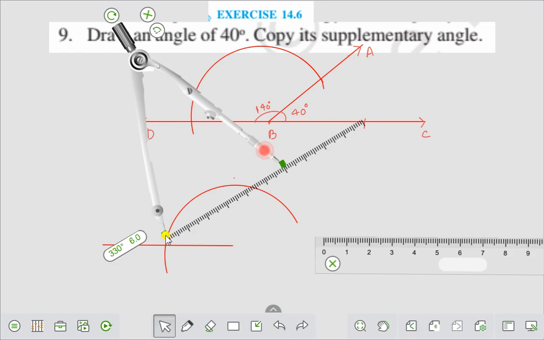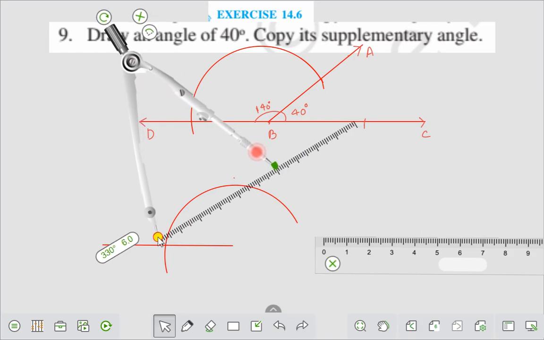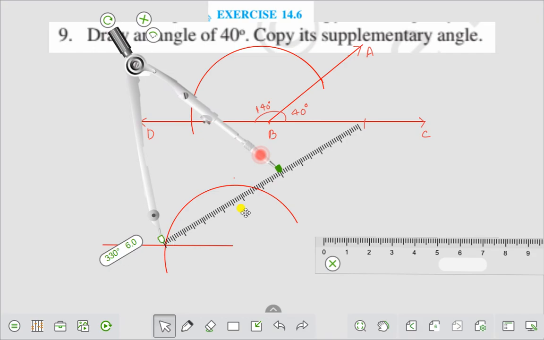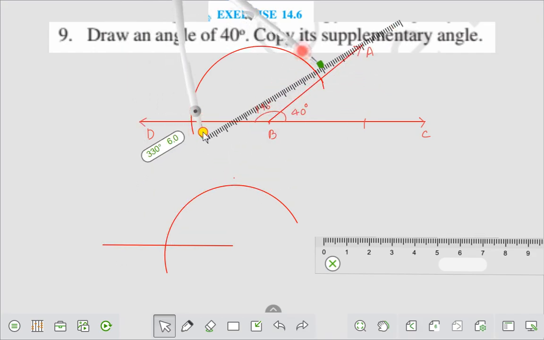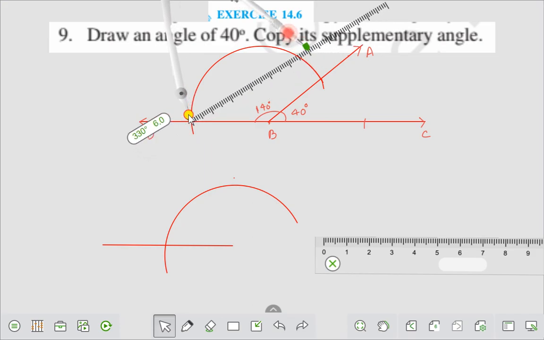Take this point here and draw an arc here.